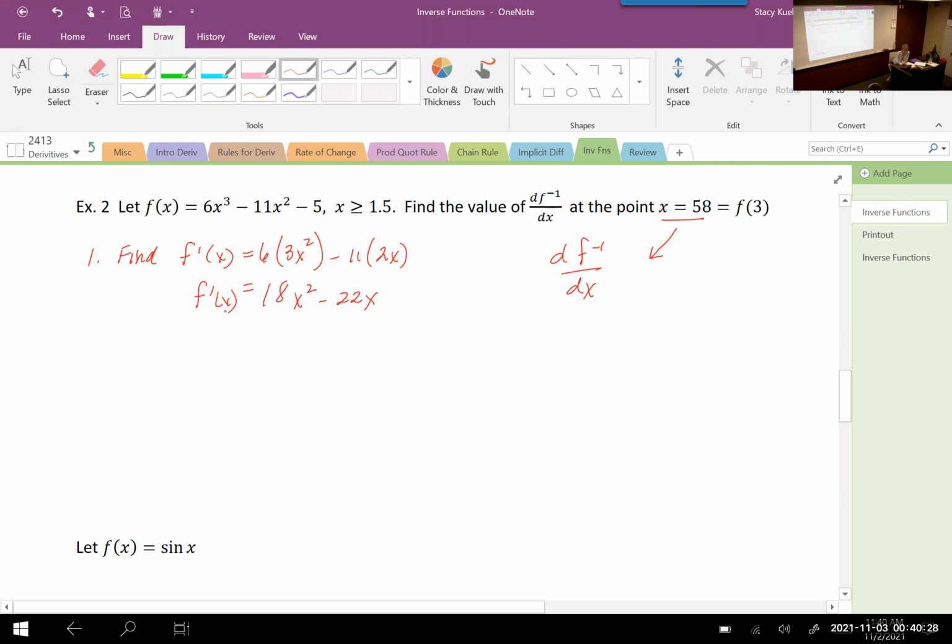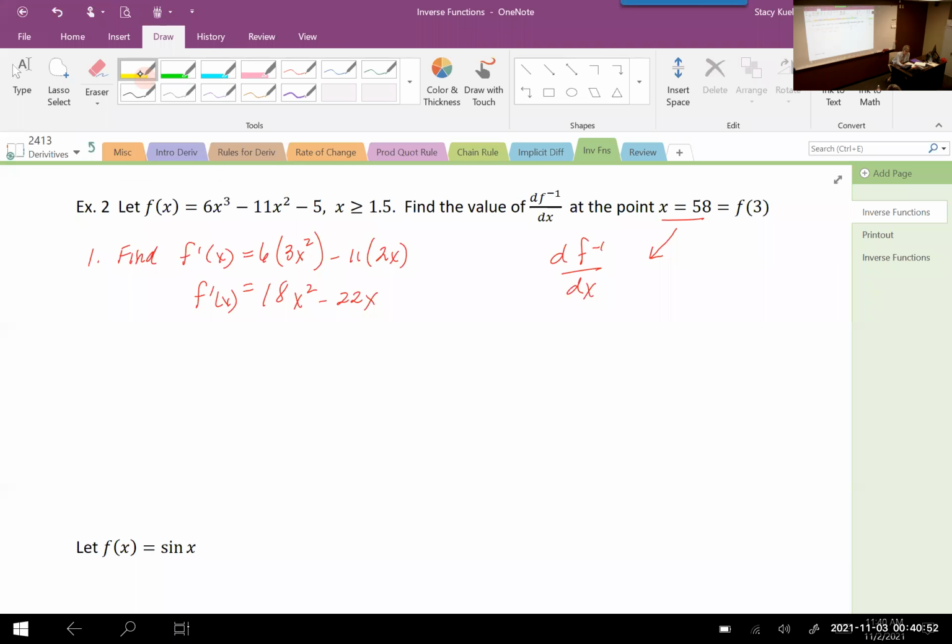Okay. Now, what we just said is if I know what the value of a point is on the derivative of the function, then that's supposed to be related to the inverse point on the derivative of the inverse, correct? We're going to use that idea here.